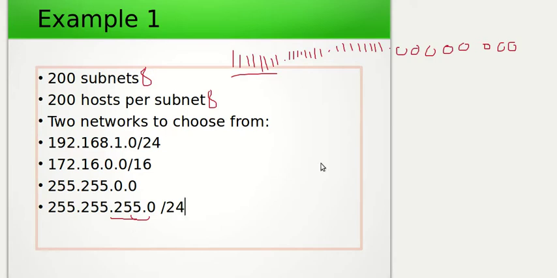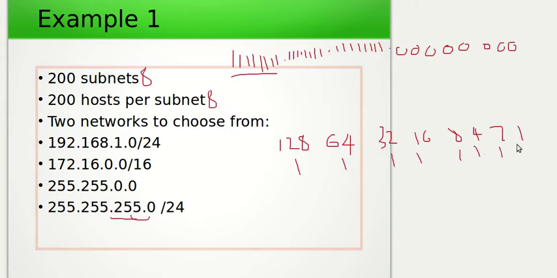But anyway, we draw our graph over here: 128, 64, 32, 16, 8, 4, 2, 1, and then we write down this number. So in this case, 255 in binary is going to be 1, 1, 1, 1, 1, 1, 1, 1.